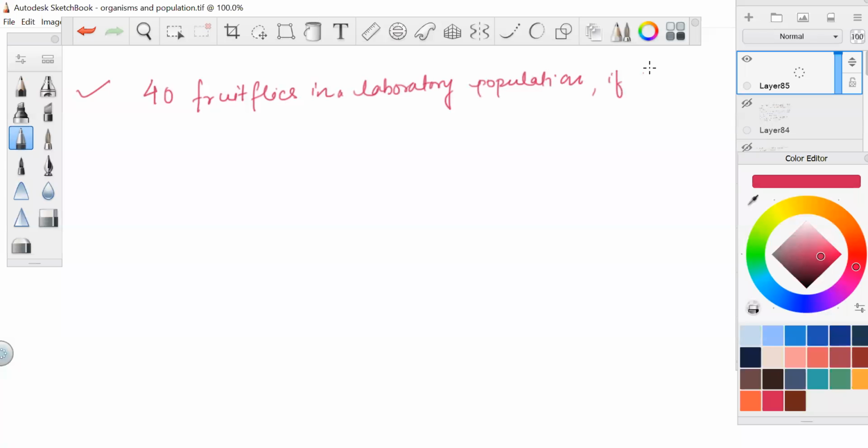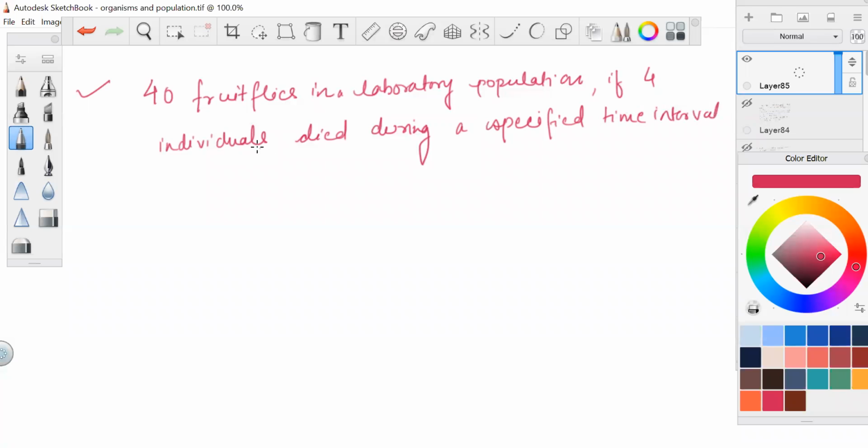And if 4 individuals, okay, we are using fruit flies as individuals, died during a specified time interval, say a week.